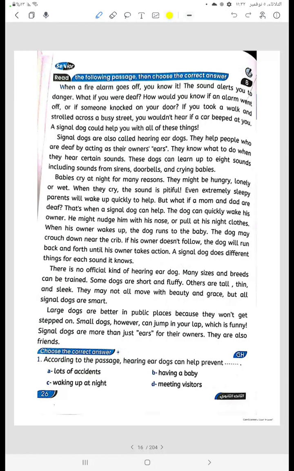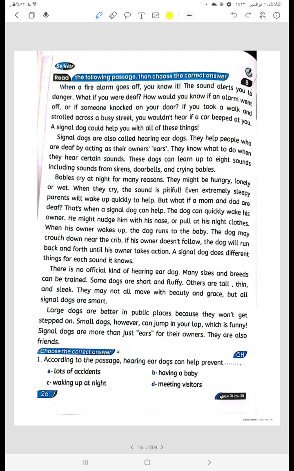The dog may crouch down. يعني ايه crouch؟ معناه يجلس جلسة القرفصاء يعني near the crib اللي هو سرير الطفل. If his owner doesn't follow the dog will run back and forth until his owner takes action. بيفضل رايح جاي لغاية ما صاحبه ياخد ايه action. A signal dog does different things for each sound it knows.